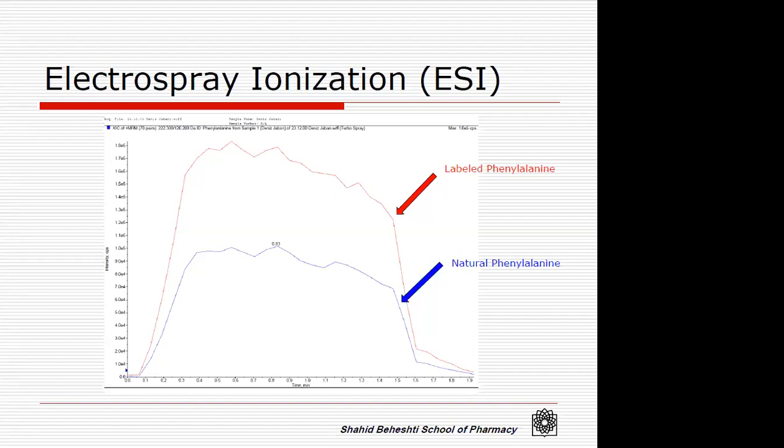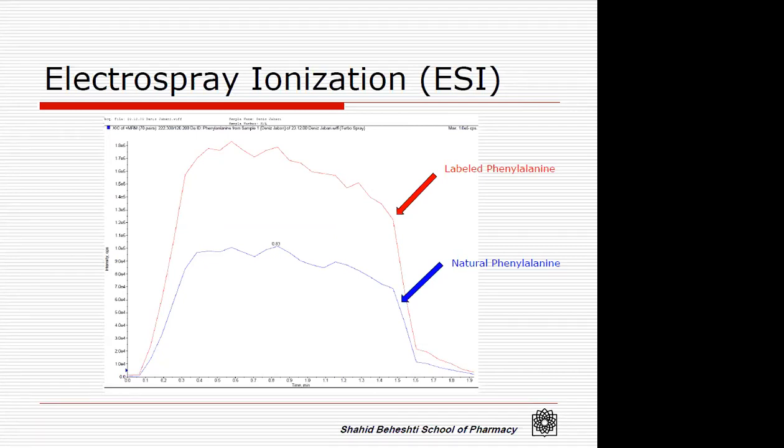But the labeled phenylalanine, shown in red, is the phenylalanine that I have added myself at the beginning of the extraction, at a very accurate and certain concentration. If you see these two graphs and the area under the curve, you would say that the natural phenylalanine has a lower concentration than the labeled phenylalanine.